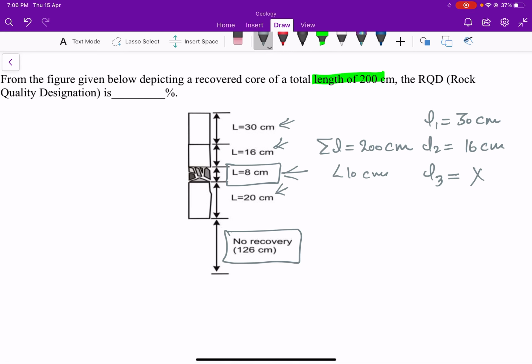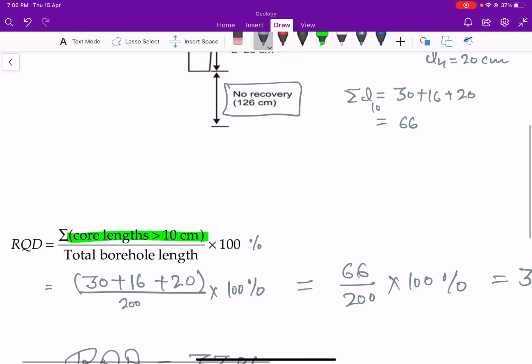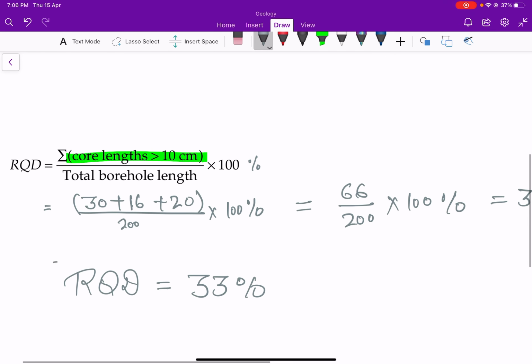So L4 will be 20 centimeter and the rest is not recovered. So the summation of L will be 30 plus 16 plus 20, which equals 66. So the RQD we calculate is 33%.